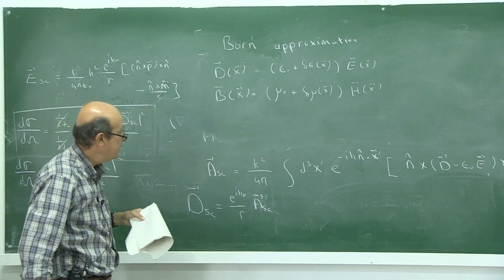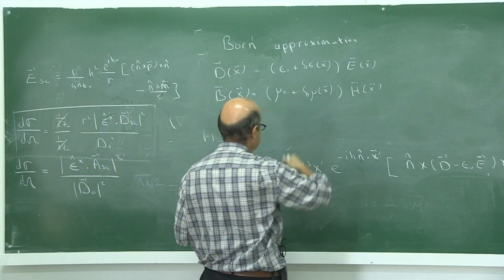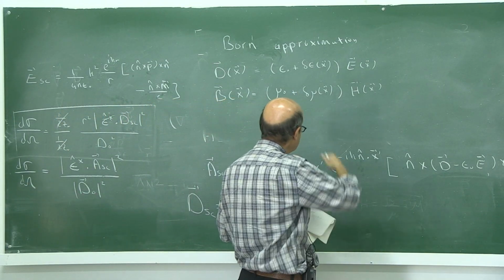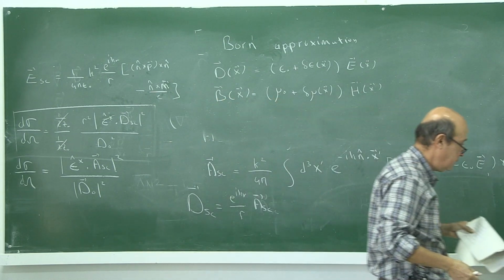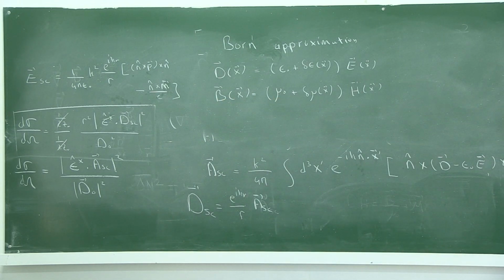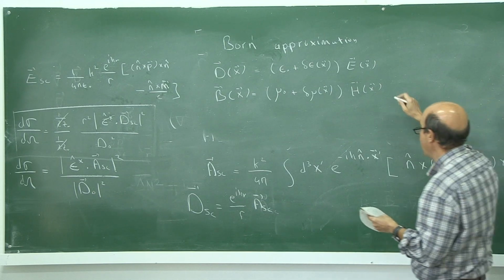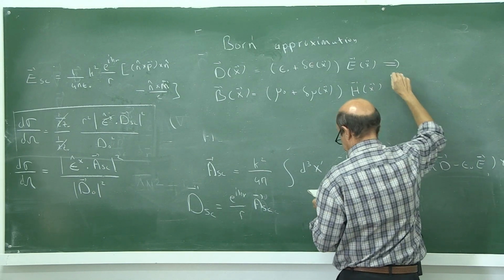Okay, and these are first order terms. The squares of this are not important, so there are some little variations. What I needed here in the scattering amplitude, I needed D minus epsilon 0 E and B minus mu 0 H. So I can write this in the following form easily.